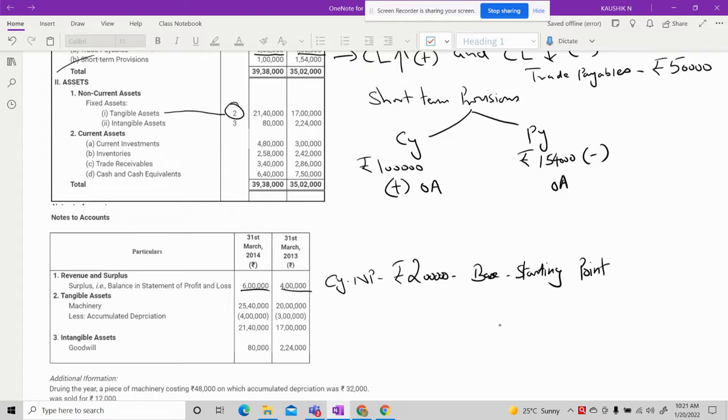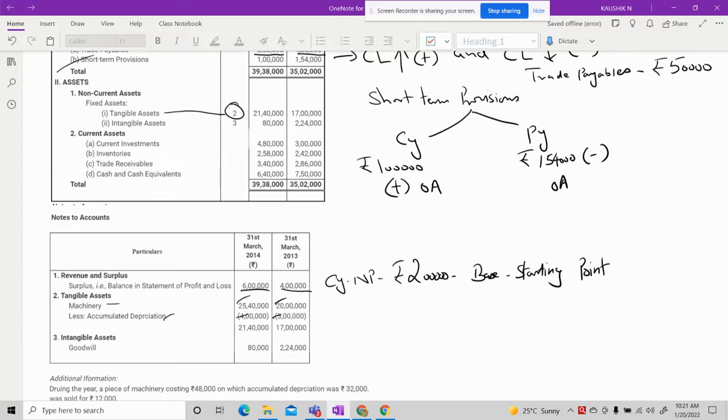You could see here it is mentioned as tangible assets, machinery. The value of the previous year was 20 lakhs, and the current year value is 25 lakhs and 40,000. Also you have accumulated depreciation, where the value for the previous year was 3 lakhs and the value for the current year is 4 lakh.